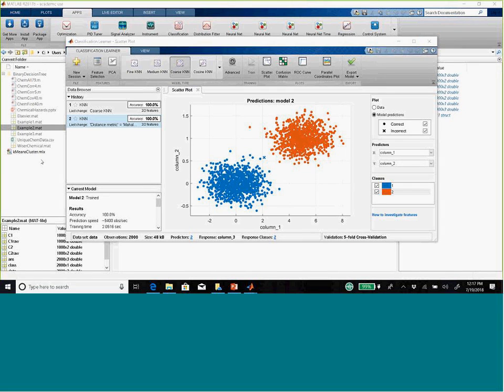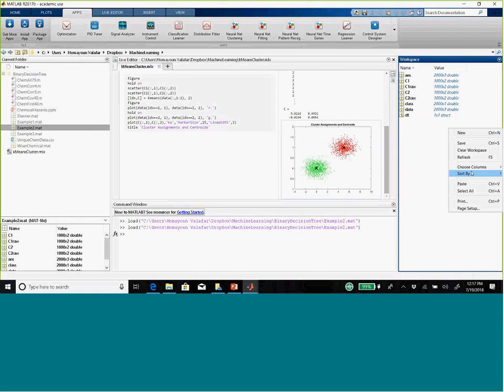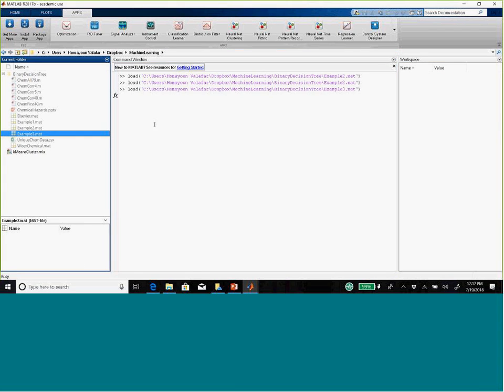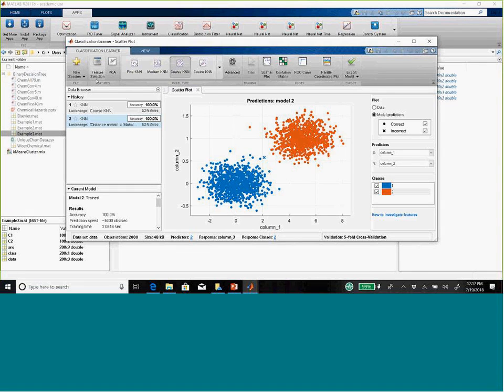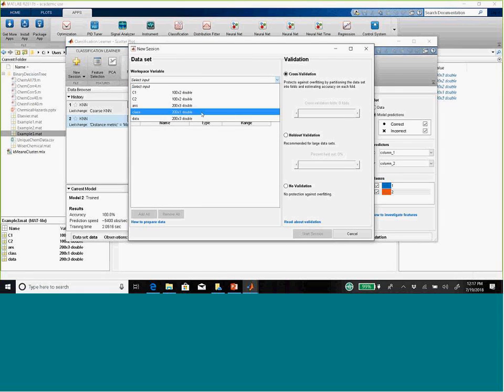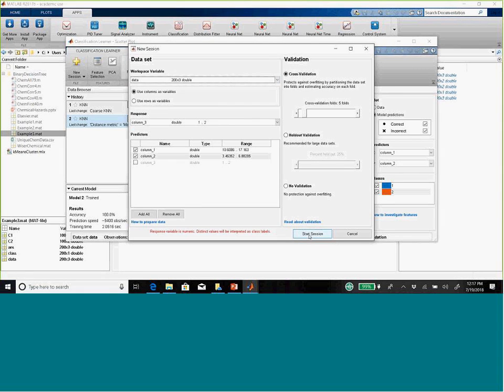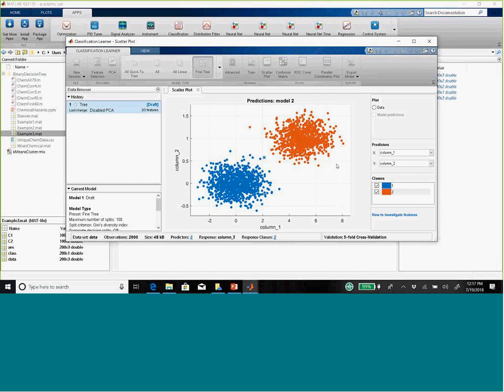What I'm going to do, I'm going to clear my workspace here. In my example 3, I've tried to come up with a more complicated version of things. Same structure of data.